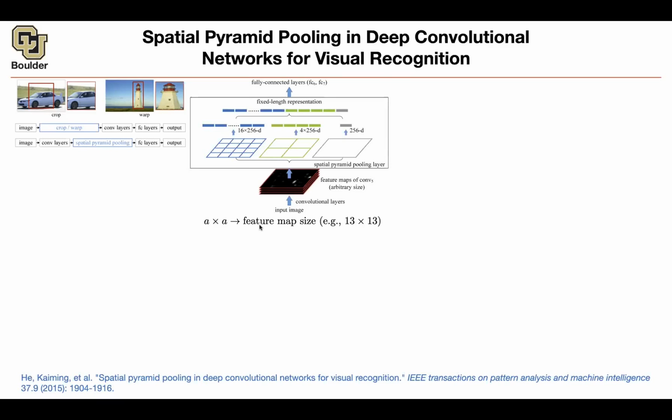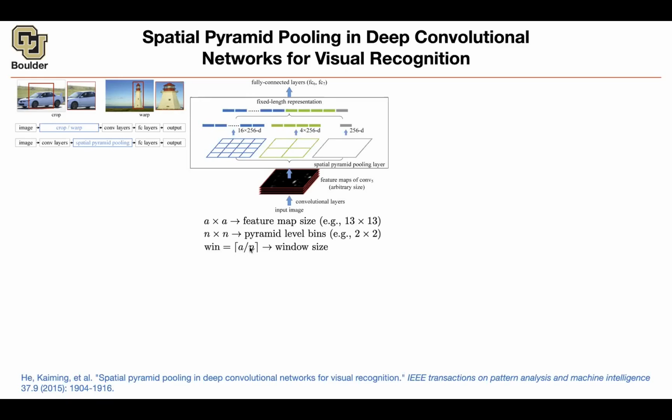So let's say A by A is the feature map size that you end up with after your conv5. For instance, for VGG, it's going to be 13 by 13. And let's say you want to divide that feature map into n by n bins, for instance, 2 by 2, like here. Then you're going to define your window size, and the window size is going to be adjusted automatically.